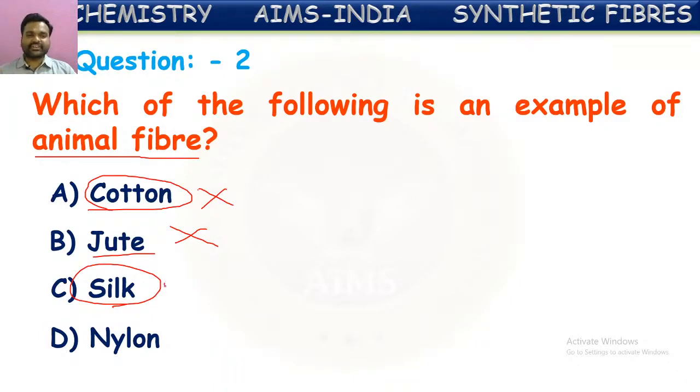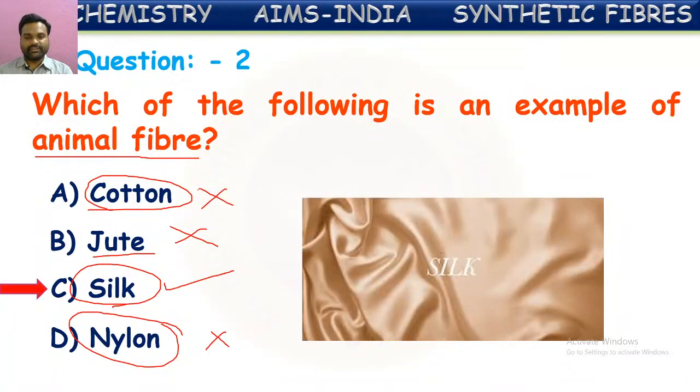Hence, silk is considered an animal fiber. Whereas nylon is one of the synthetic fibers, not a natural fiber, so it is also not correct. So finally, silk is the correct answer, which is an animal fiber. Yes, silk is obtained from the silk moth.